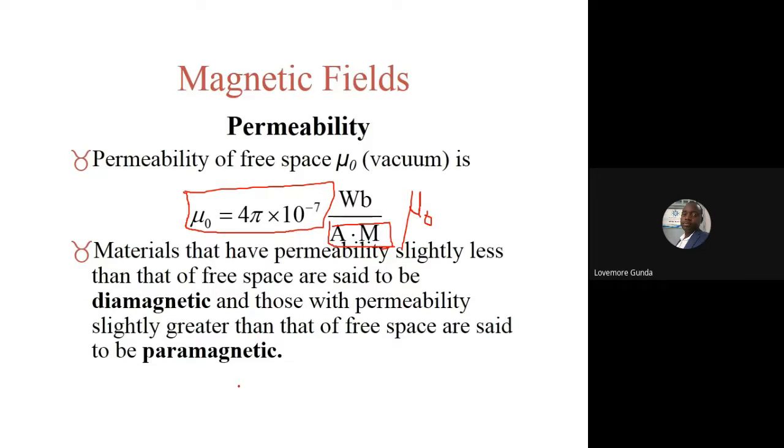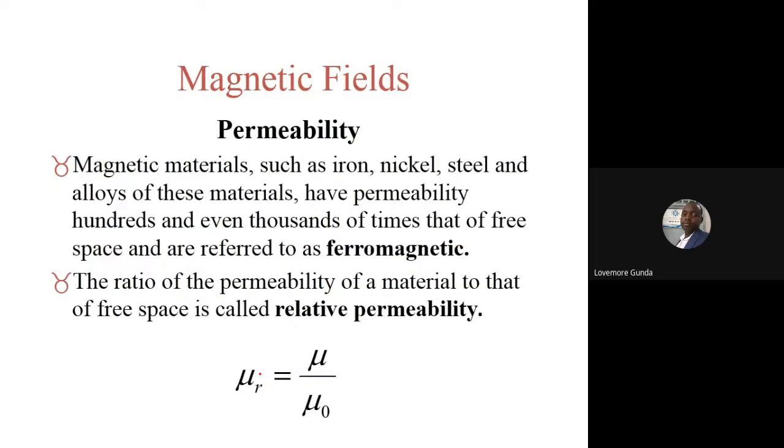So we have different types of materials. If a material has a permeability slightly less than that of free space, it is called a diamagnetic material. Those with permeability slightly above that of free space or a vacuum are called paramagnetic materials.